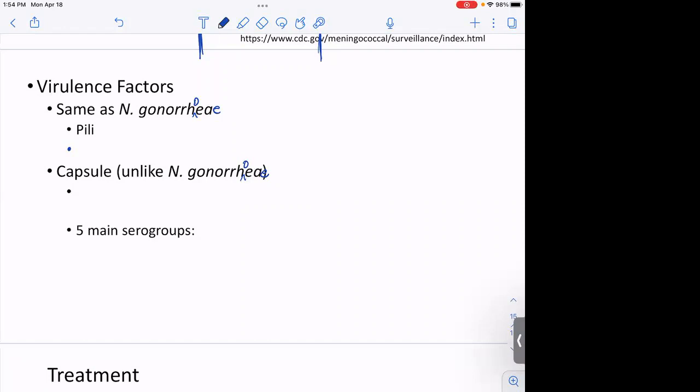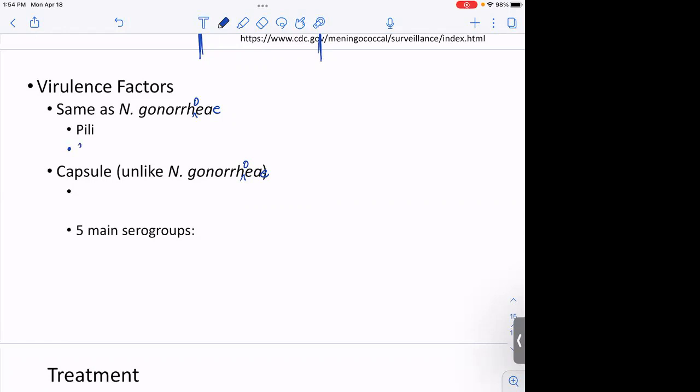Most sources call them pili, for attachment. Neisseria gonorrhoeae is attaching to different tissues of the urogenital tract, and Neisseria meningitidis is attaching to the meninges. It has protein adhesins specific for the meninges.